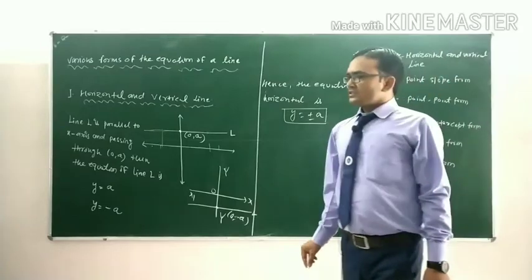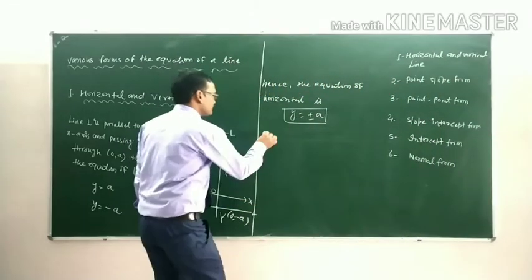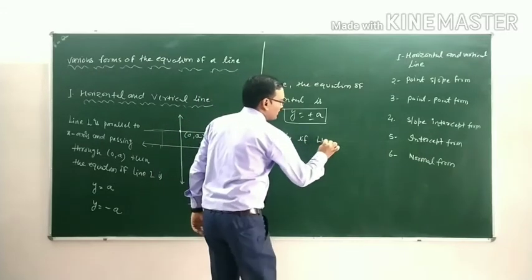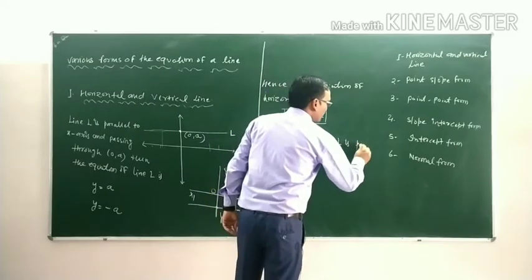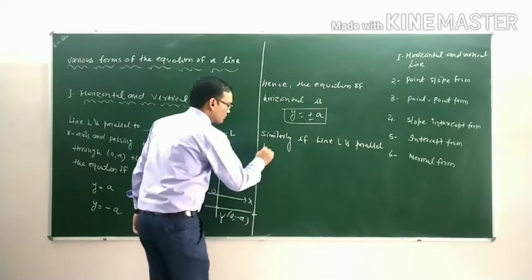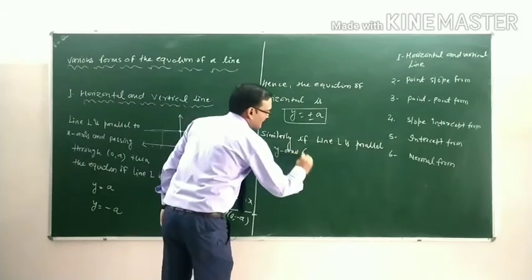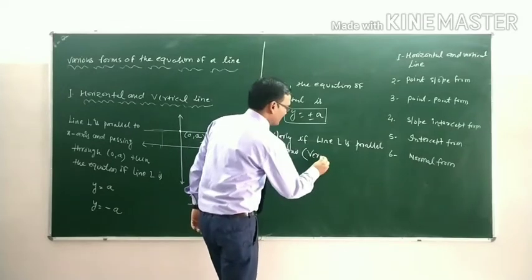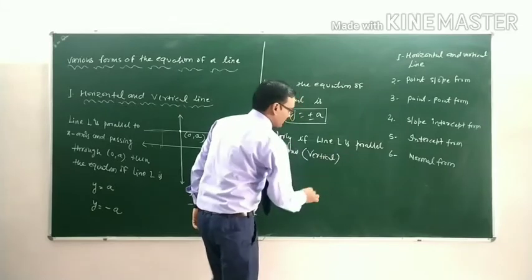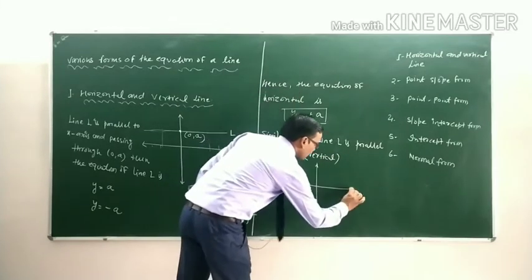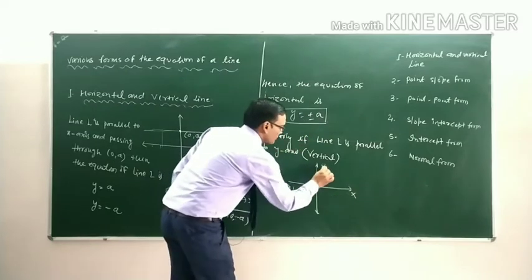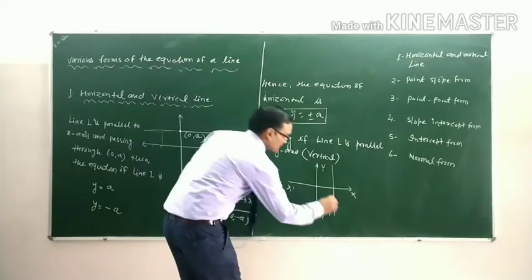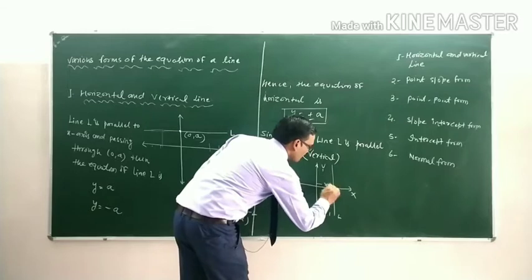Okay students, similarly if line L is parallel to the y-axis, that means the line is a vertical line in a Cartesian plane, here x equal to b.